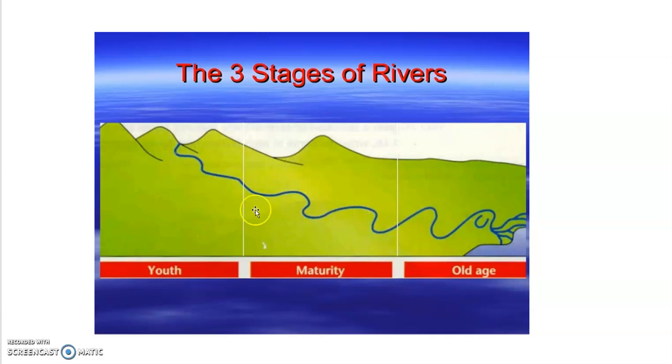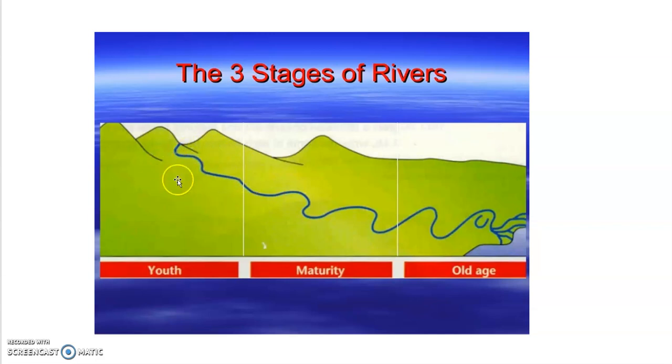In these three stages, where are you likely to find a waterfall? Remember my definition: a waterfall is a cascade of water falling from a height. It is formed when a river or a stream flows over steep slopes or a cliff.